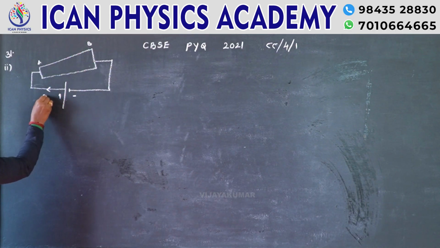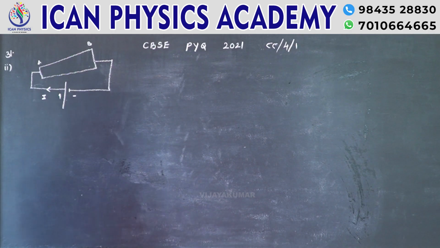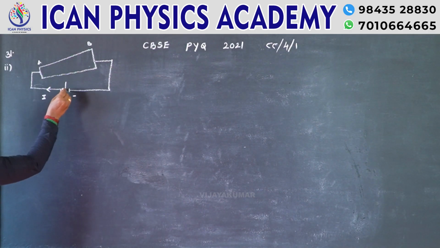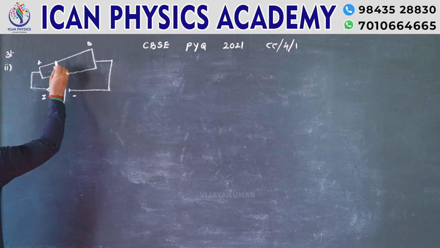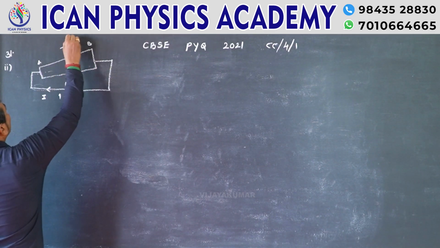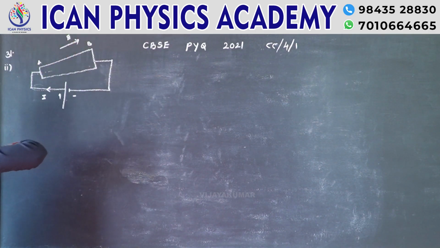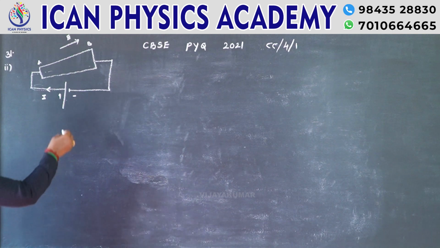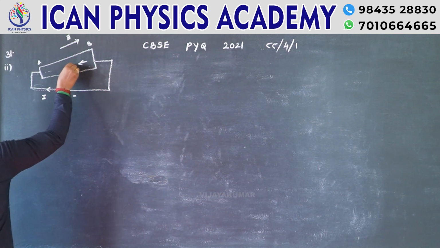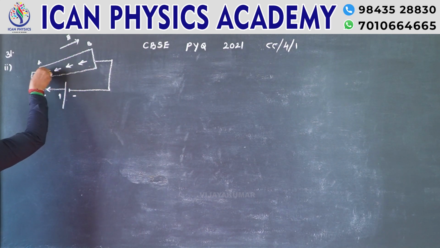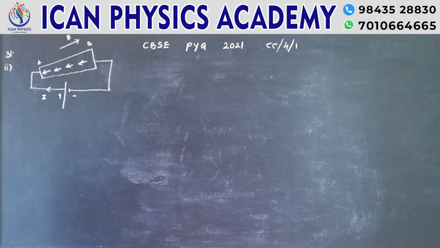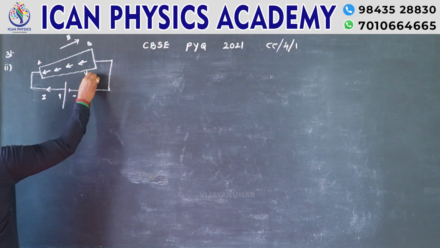The current is flowing from the positive terminal to the negative terminal, so we are establishing the electric field in the direction A to B. Then automatically the electrons are drifted towards the positive terminal.